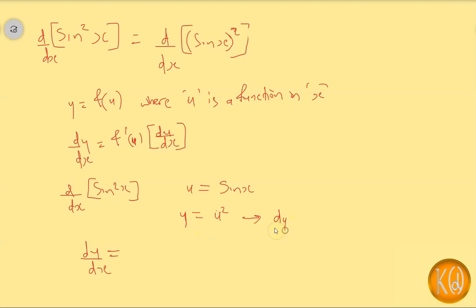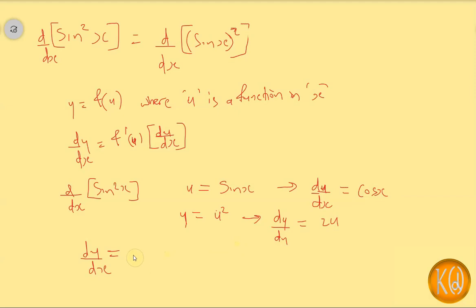dy du, which is equal to 2u, and du dx, let's just find du dx at the same time. du dx is simply cos x. Okay, great. So let's just plug those in the formula.